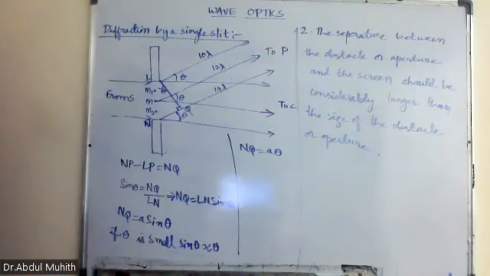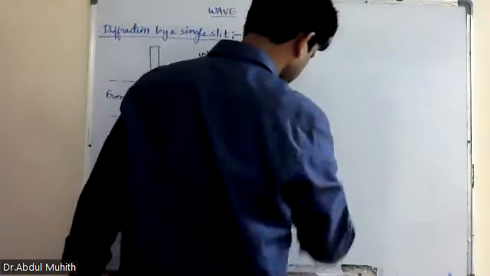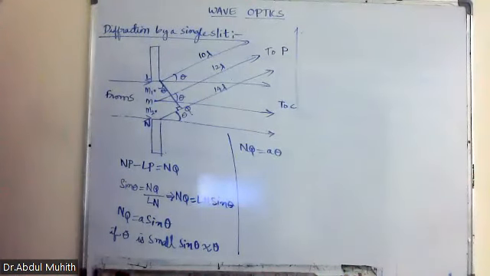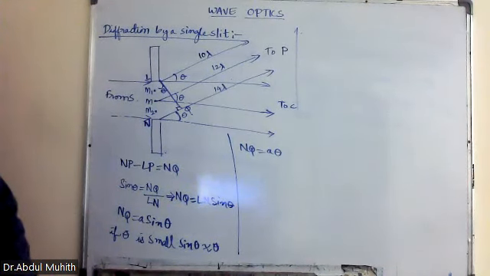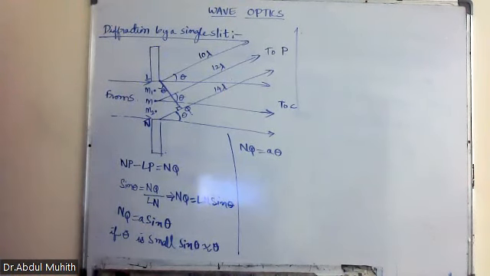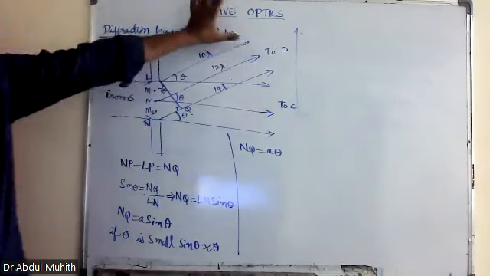Now the next one. So NQ is equal to A into theta. So now we have here this is said to be central maxima. Maybe this is first order, second order, whatever it is.